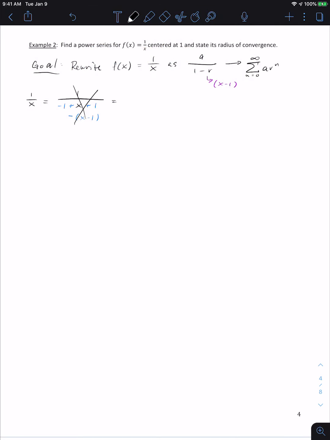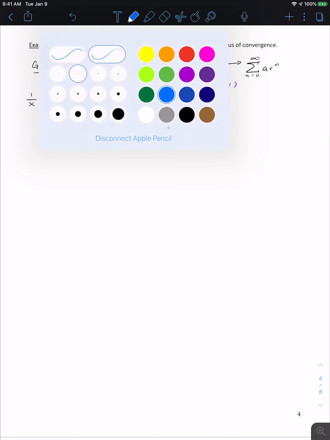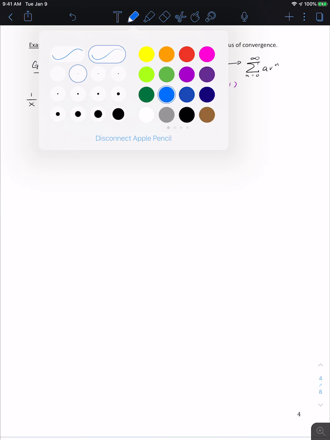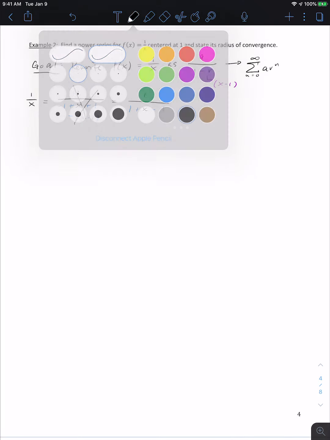What I want to do is I do 1 over x, and then, sorry, I'm struggling with this in my head. Yeah, okay. So this is what I want to do. I want to add 1 to the numerator and add 1 into the denominator.